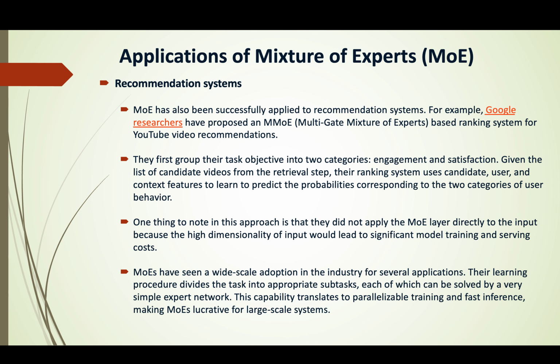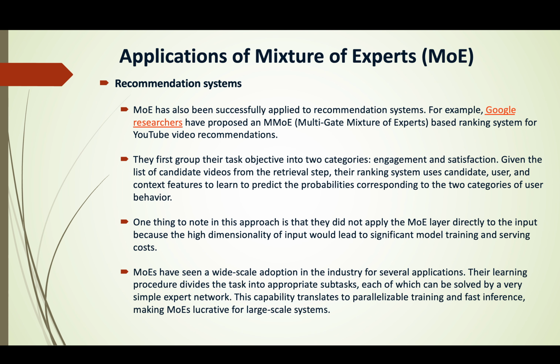Given the list of candidate videos from the retrieval step, their ranking system uses candidates, user, and context features to learn to predict the probability of the two categories of user behavior.